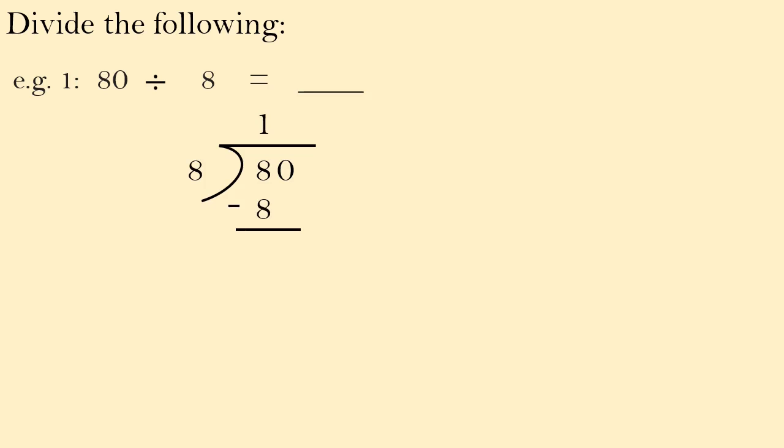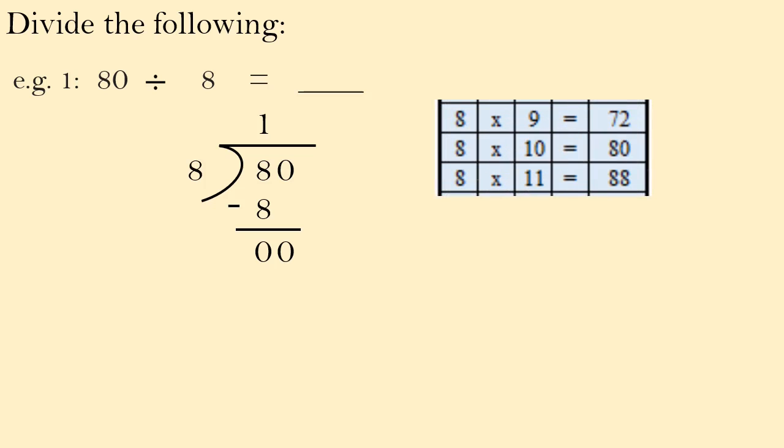Put the minus sign. 8 take away 8, you're left with 0. Remember, we still have to get the 0 down. Okay, 8 into nothing will give you nothing. So 8 zeros are 0. And if you look carefully over here, you'll find that 8 tens are 80.